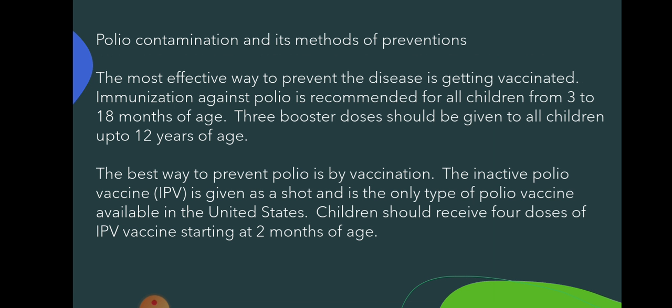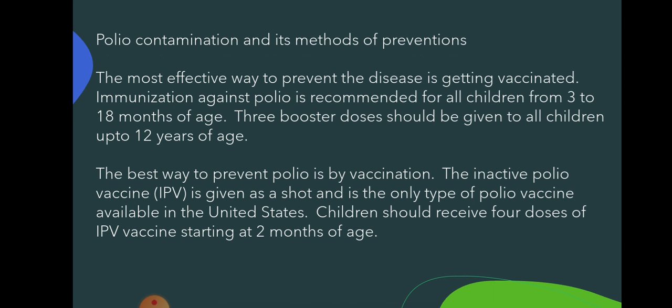Polio contamination and its method of prevention. The most effective way to prevent the disease is getting vaccinated. Immunization against polio is recommended for all children from 3 to 18 months of age. Remember this age. 3 booster doses should be given to all children up to 12 years of age. The best way to prevent polio is by vaccination only, immunization only, shots only. They are nothing but injections.